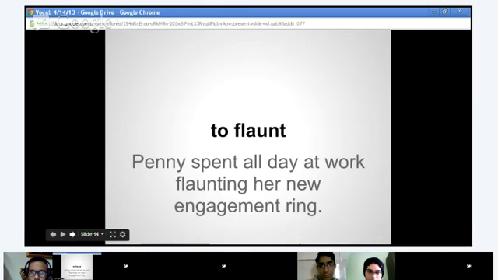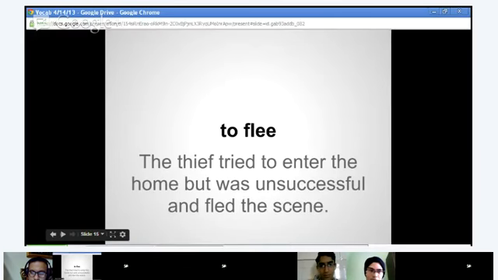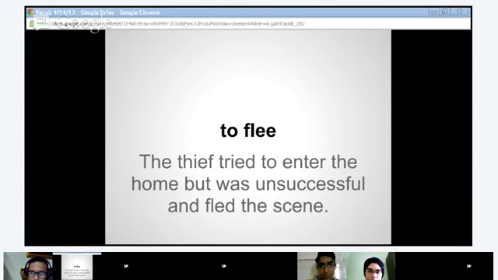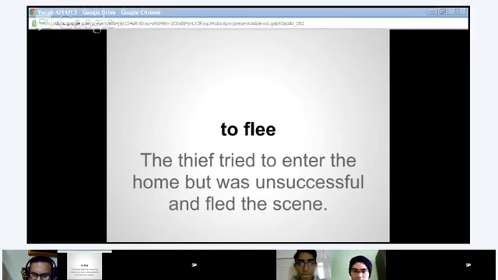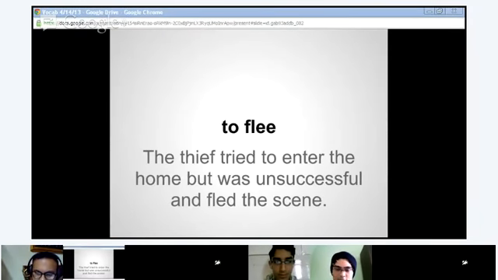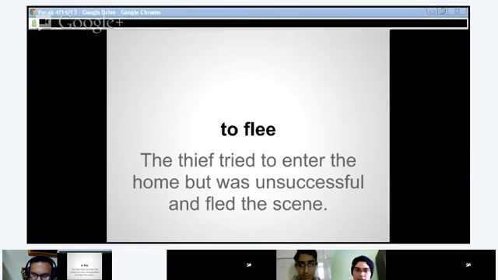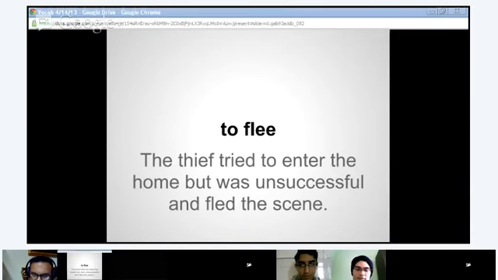Okay, very good. And the last one that we have before we review is to flee. To flee. Xenu, could you read it for us? The thief tried to enter the home, but was unsuccessful, and fled the scene.